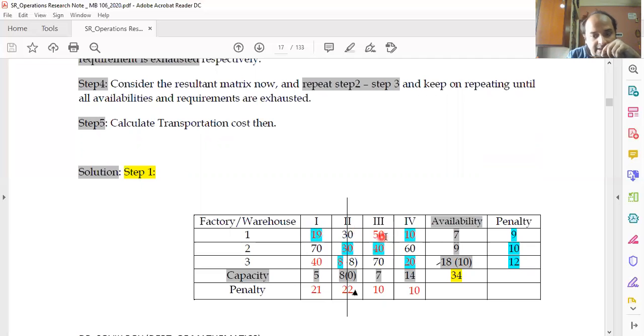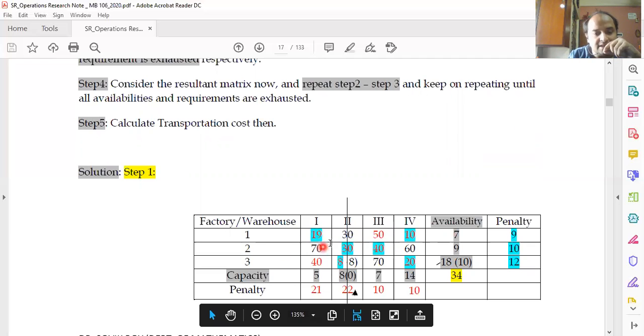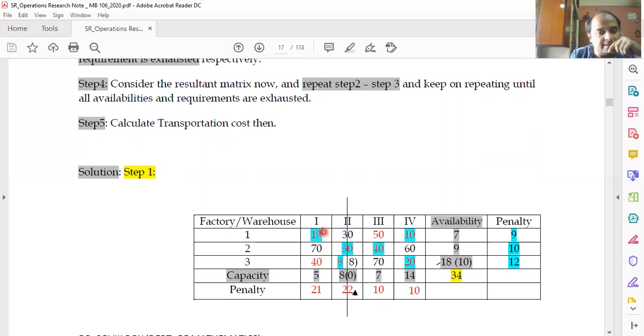Out of all these elements present in row 1, 10 is the minimum, and before that 19 occurs. So I am going to take the positive difference of these two figures. The positive difference of 19 and 10 is 9. And so I have written the penalty 9 over here.